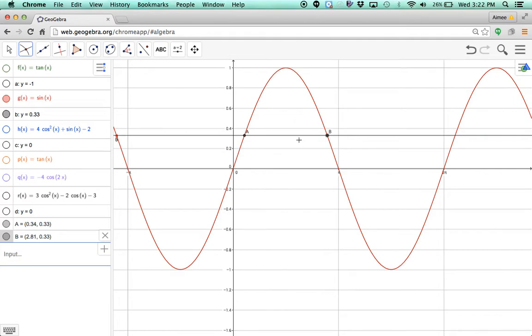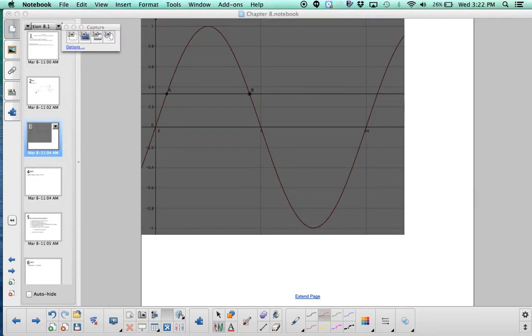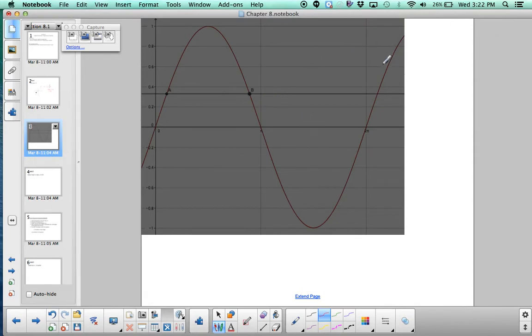And what's going to happen is that this is going to continue. So if I'm considering that period, let's capture a picture of that. That didn't work out so well.